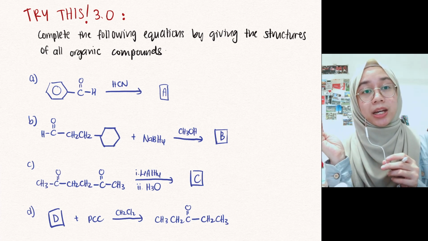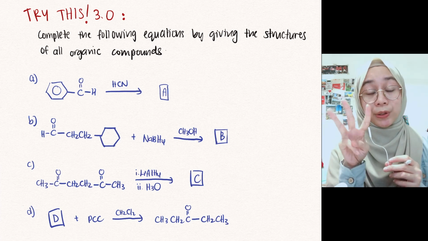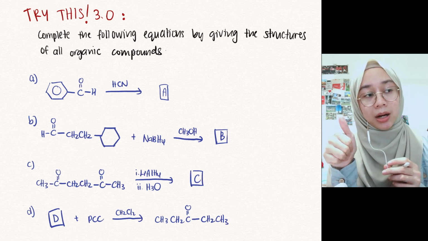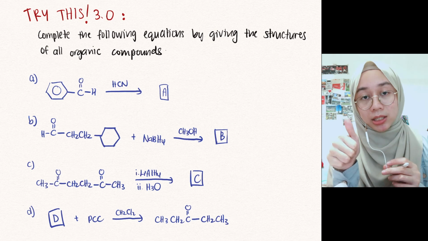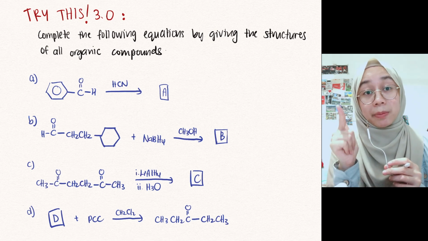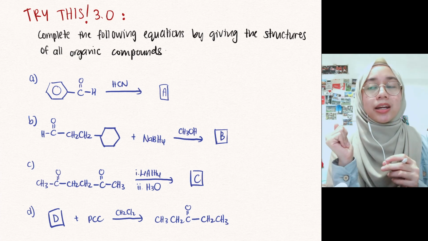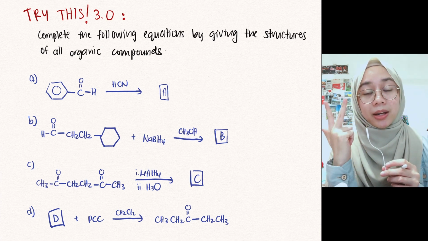Okay, and then kamu kena be familiar with the new 3 reducing agent lah. Okay, ada 3. The first one adalah lithium aluminium hydride followed by hydrolysis, and then the second one is the NaBH4, sodium borohydride in methanol, and then the last one is hydrogen in catalyst.